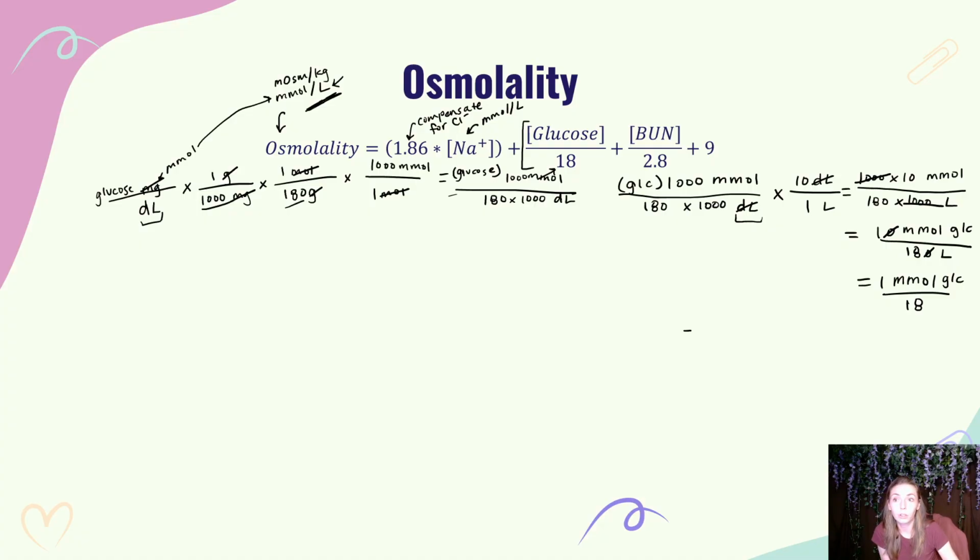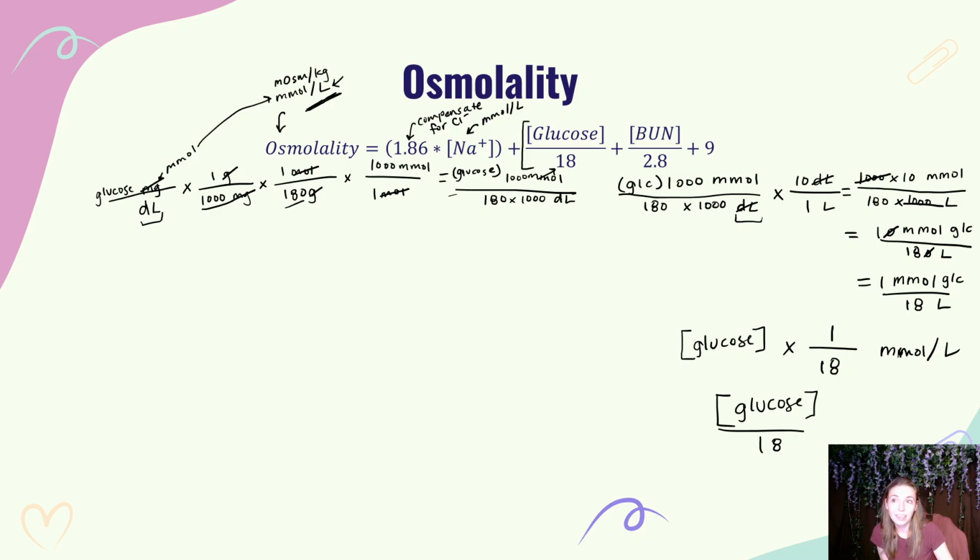So it would be whatever your glucose concentration is times 1 over 18 millimoles per liter, which is how we get to concentration of glucose over 18. I know that that's crazy and really annoying, and it does take a minute to get through it. That's why the formula is the way that it is.